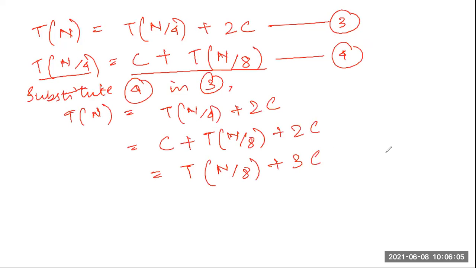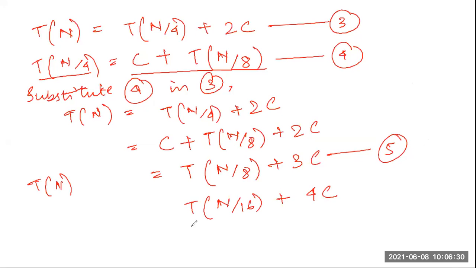So if you follow the thing, how was it happening? First it was T(n by 2) plus C, then T(n by 4) plus 2C, then T(n by 8) plus 3C, then T(n by 16) plus 4C, then T(n by 32) plus 5C.